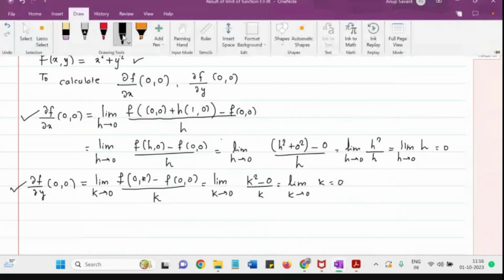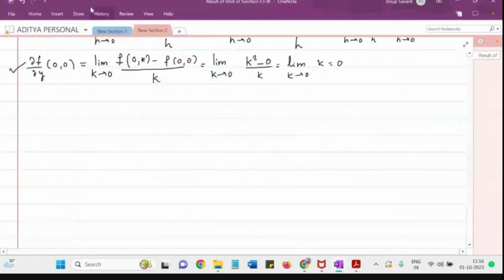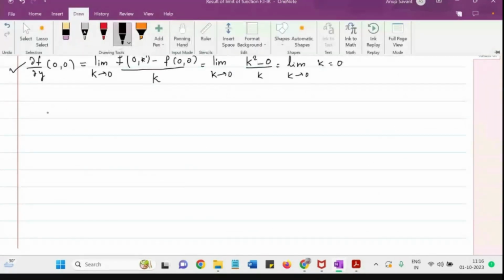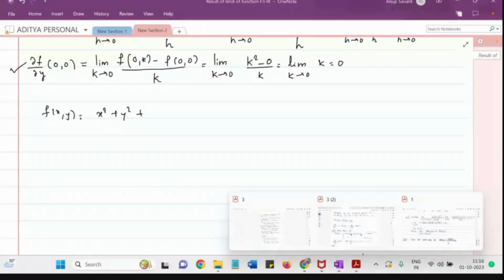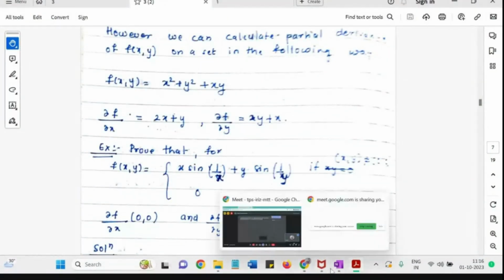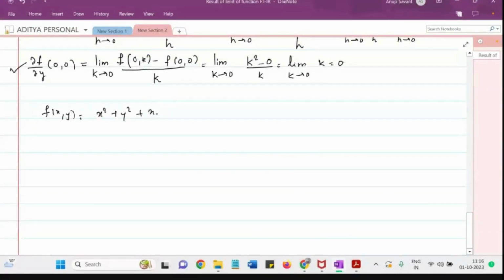The simple rule says, if you have a function, let me take the same function here, f of x comma y, which is x square plus y square plus xy. Now, if I'm talking about dou f by dou x, it is a partial derivative of the function with respect to x.